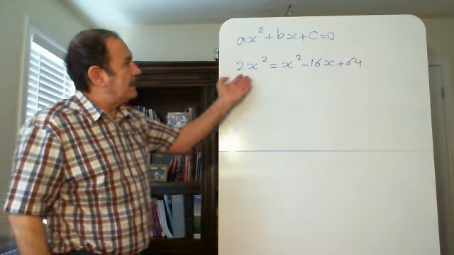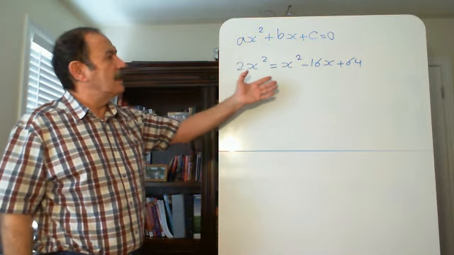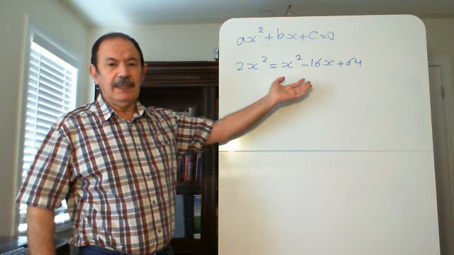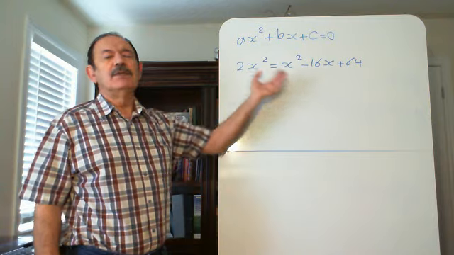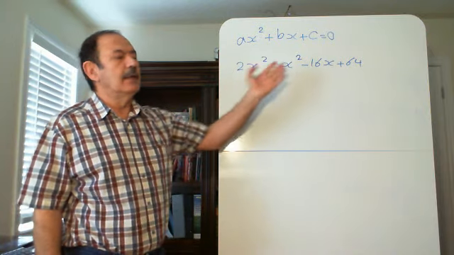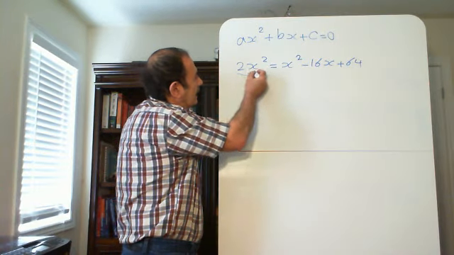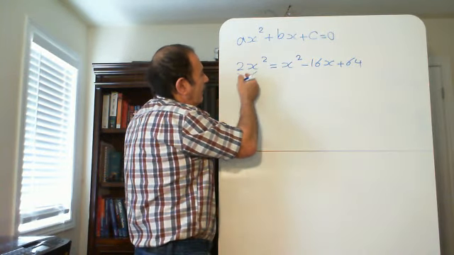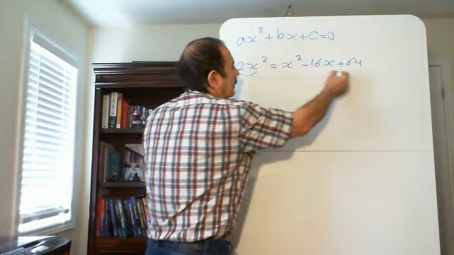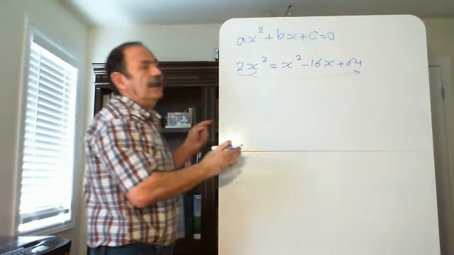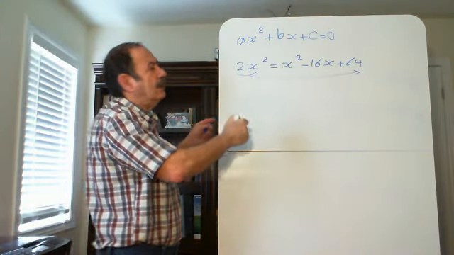First, it is not in the standard format. In the standard format, all the terms should be on one side and equal to 0. I'm going to move this 2x squared from the left to the right and then rewrite the equation.